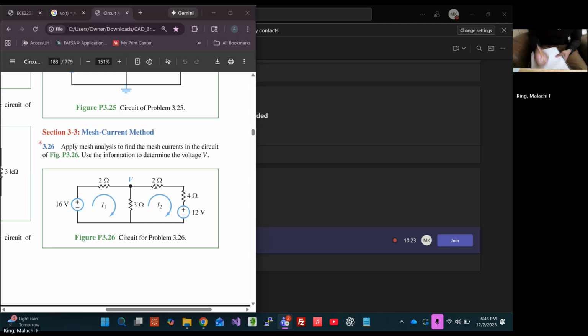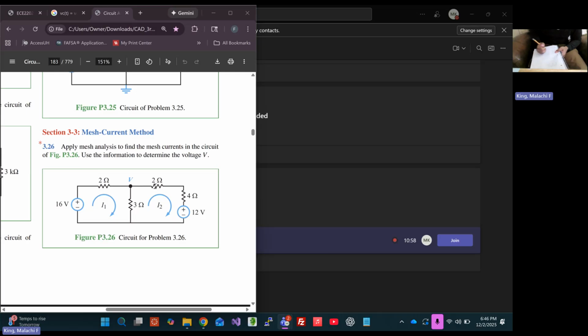So for node voltage, you do a KCL. So at V, we have 3 currents. We're going to set them all going outward. So we're just going to call this V1. So V1 has V1 minus 16 volts over 2 ohms, plus, sorry, you don't even have to do mesh current.